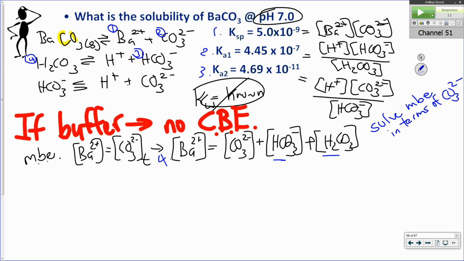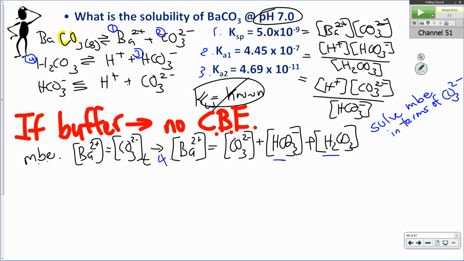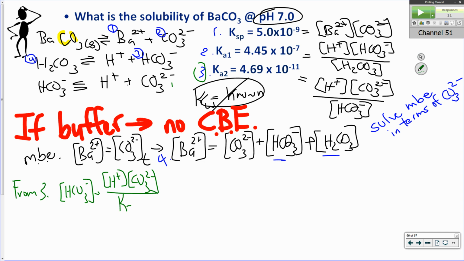So first thing I'm going to do is take equation number 3. So equation number 3, this guy. And I'm going to rearrange that to say that the bicarbonate ion is equal to the H plus times the carbonate divided by Ka2.